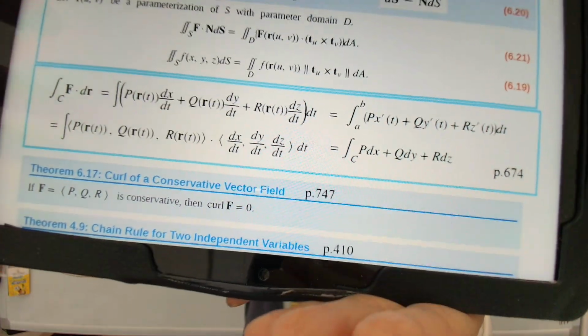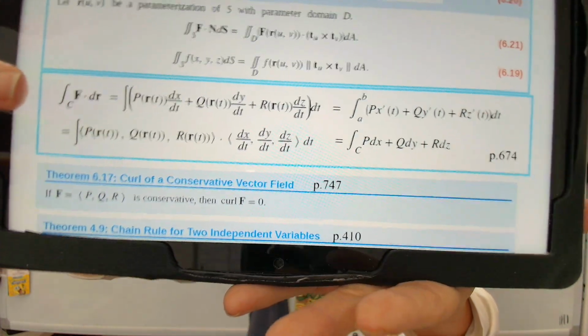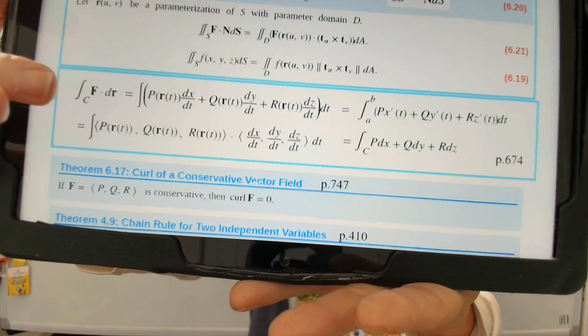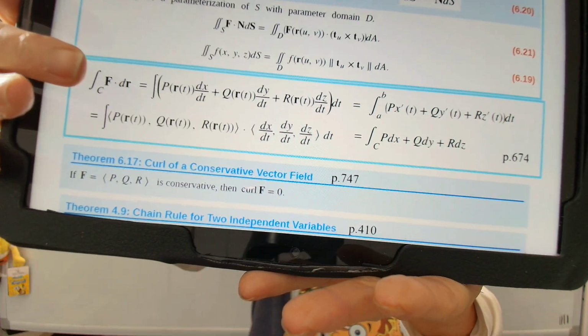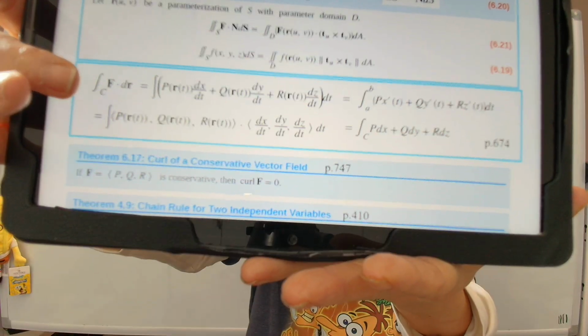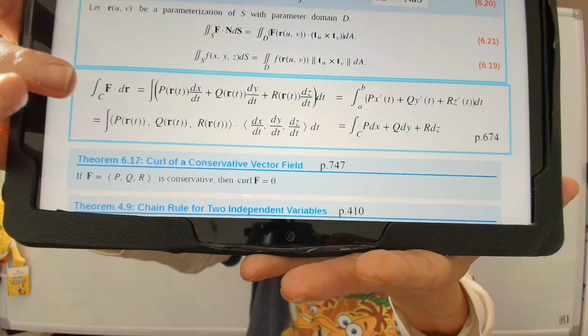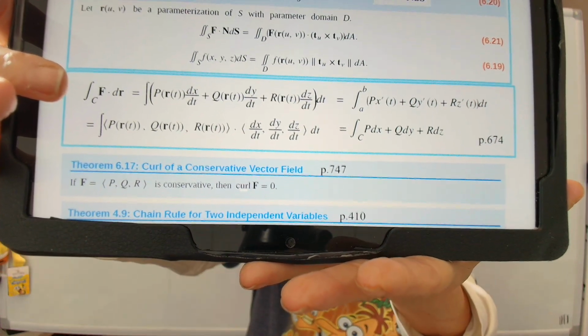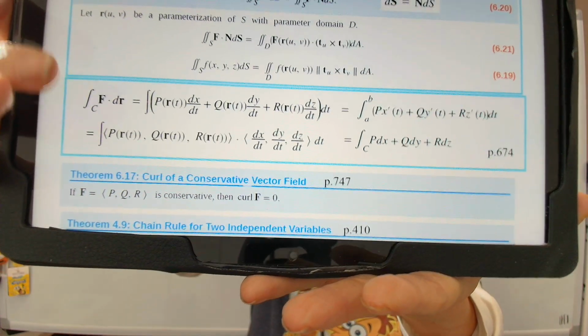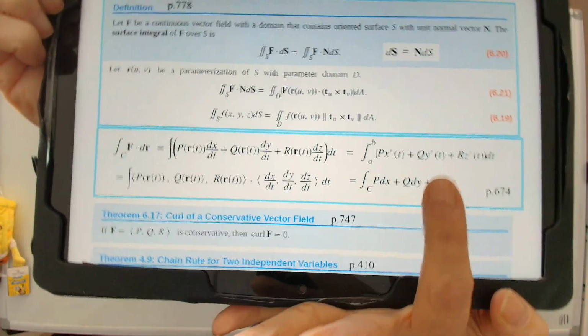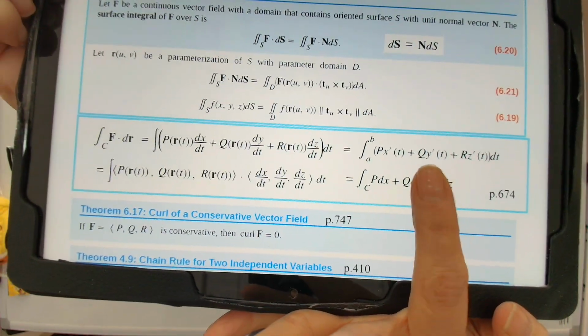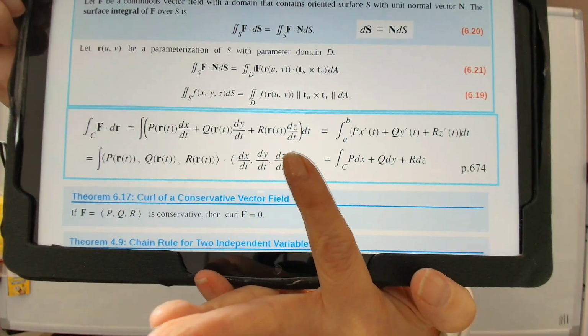Now, more importantly, here's the formula for what we end up doing. The integral of F dot dr is equal to the first equation, P, r'(t), etc. I just took a screenshot of things from page 674 and close by. You can also write it like this, which the book didn't exactly write, but you notice it's exactly the same thing.